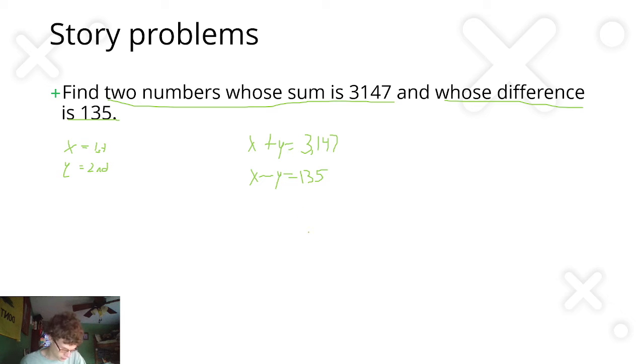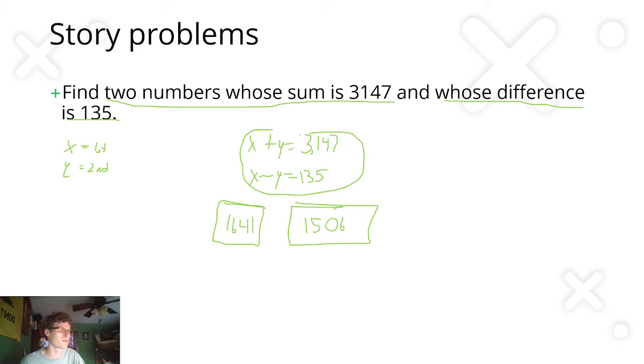The correct answers to this story problem are 1,641 and 1,506. It's all about translating what it is, and then you will know what to do from there by solving by substitution or elimination. Sometimes you can make some simple mistakes in there.